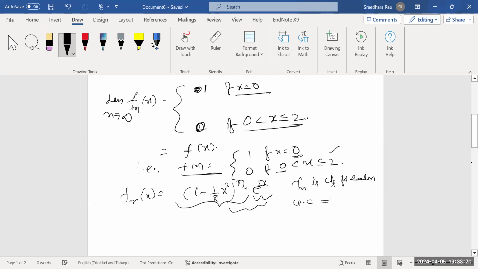Uniformly convergent implies pointwise convergent, but pointwise convergent need not be uniformly convergent. If this were uniformly convergent, then the limit function would also be continuous. So that is how to determine whether the given sequence is uniformly convergent or not.